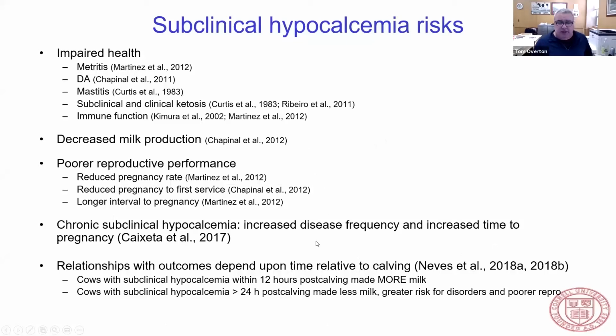And then more recently, Daryl Nydam's group at Cornell, and Jess McArt's, even most recently with Rafael Neves, really have focused on the dynamics of calcium, and on these animals where their calcium continues to be low several days after calving, or certainly outside of the first 24 hours. So those are really the cows we're concerned about. And again, if we implement diet strategies appropriately before calving, we can really minimize that.